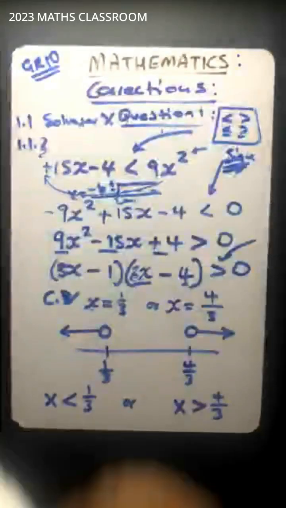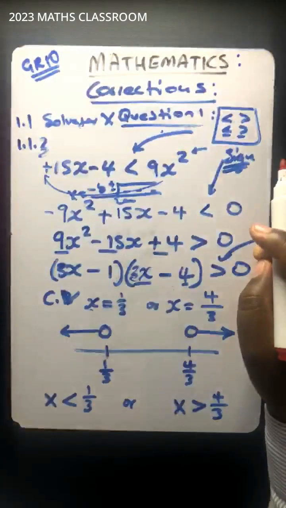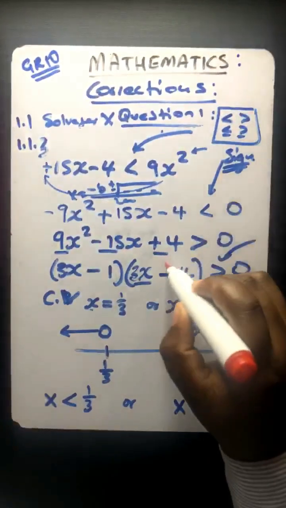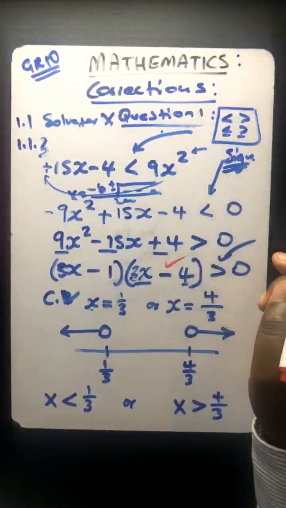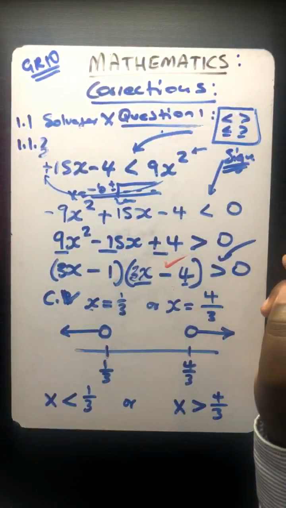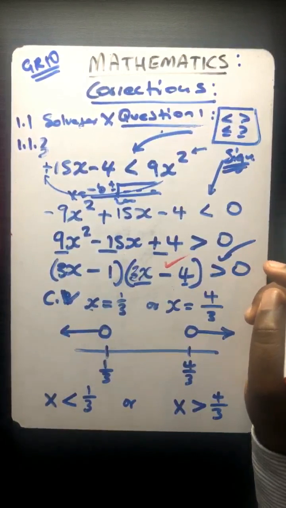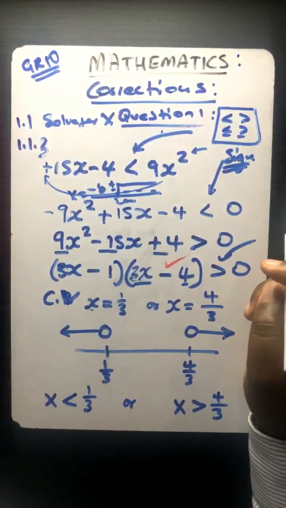So let's see, where exactly do you score marks? I'm telling you guys, for you to correctly factorize that, you will always be given marks for correct factorization.